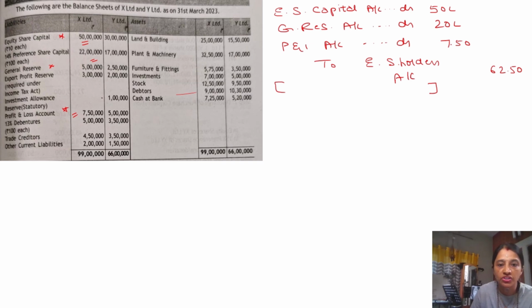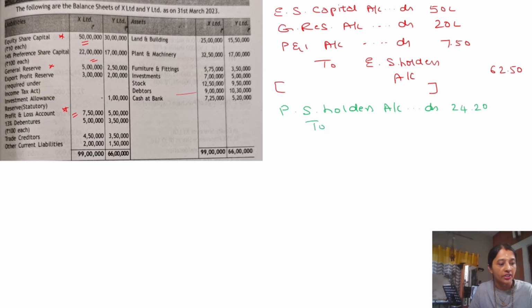Now to the preference shareholders, preference shareholders account, they are receiving the benefit. So how much are they receiving? They are receiving the purchase consideration due to them. They are receiving 24 lakhs 20,000. They are receiving what?